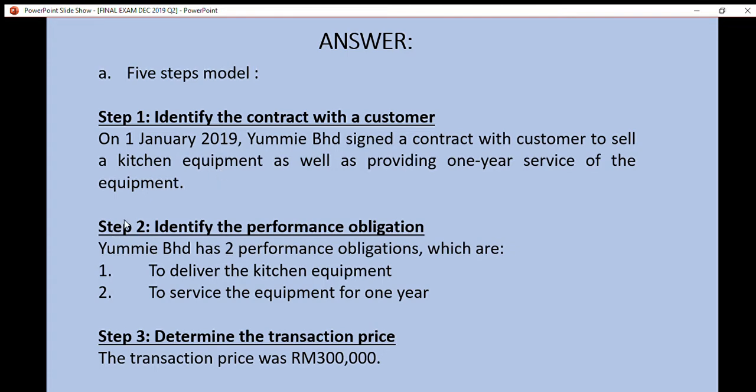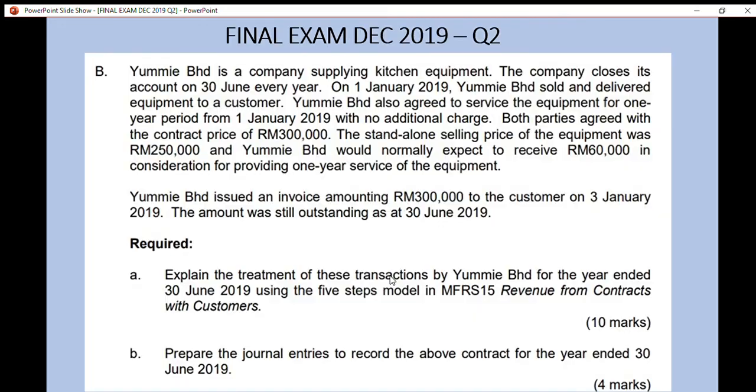For step 2, identify the performance obligations. From the situation here, we find the performance obligations by checking the standalone prices given. The standalone selling price for the equipment is 250,000, and for the 1 year service it is 60,000.